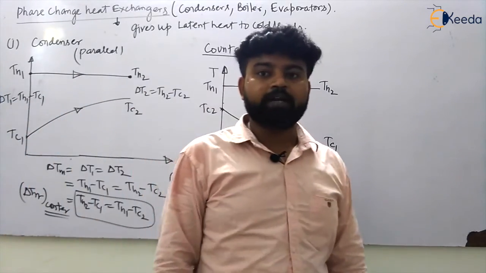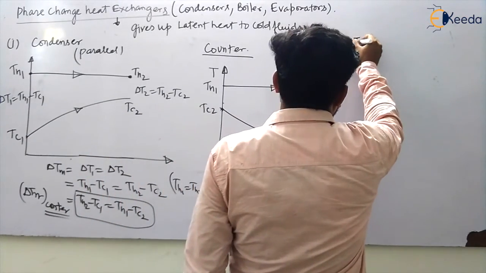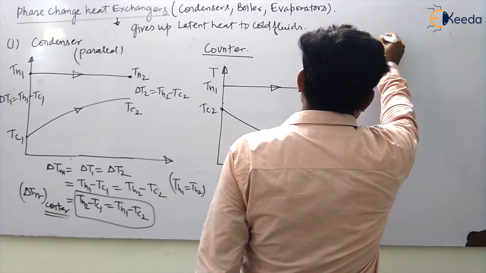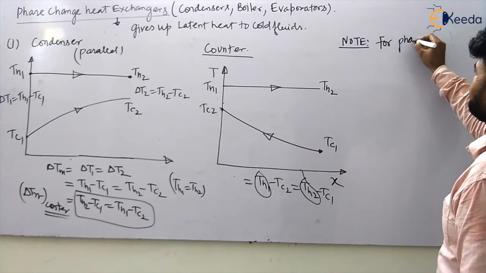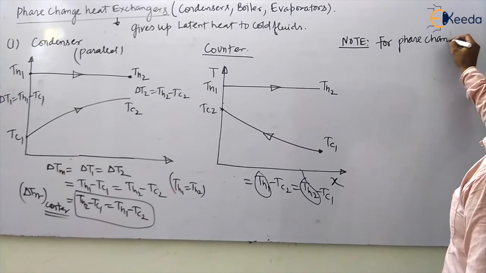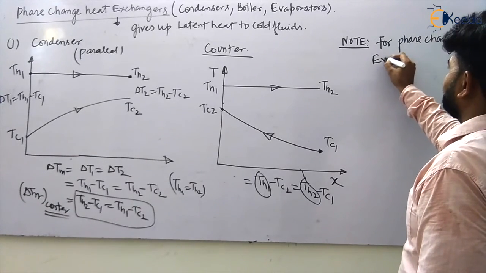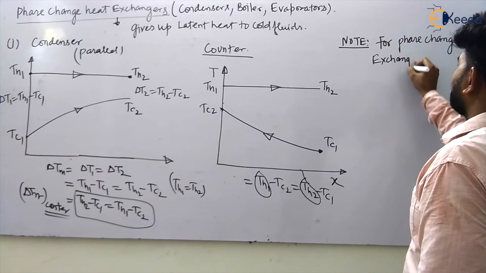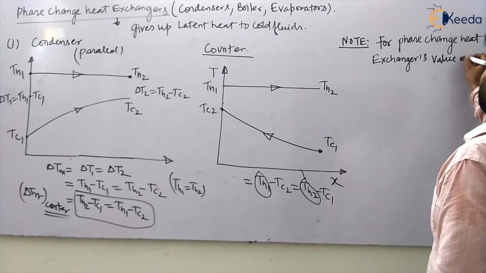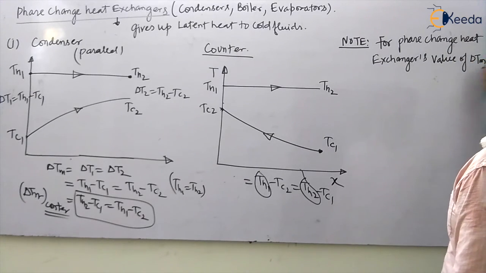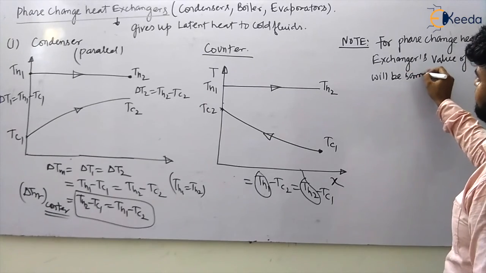We can conclude that for phase change heat exchangers, the value of delta Tm will be the same.